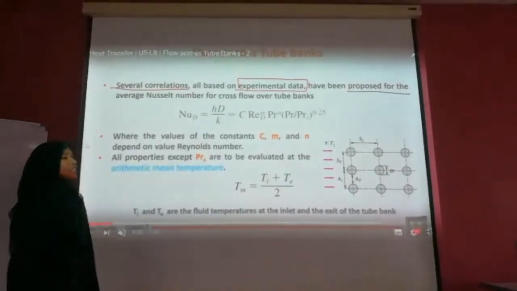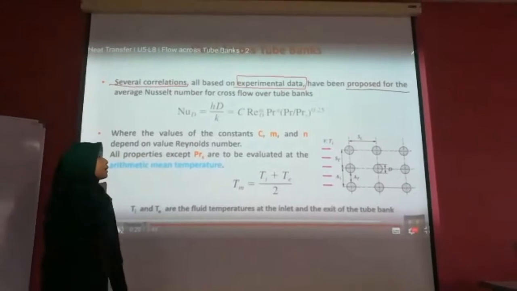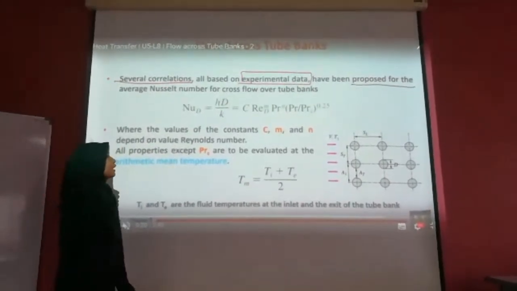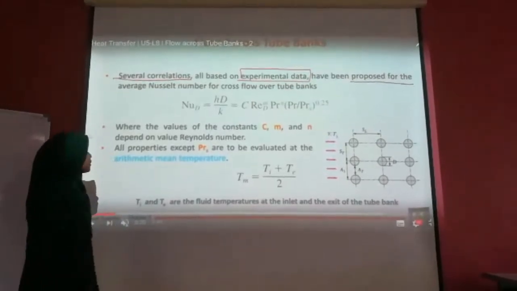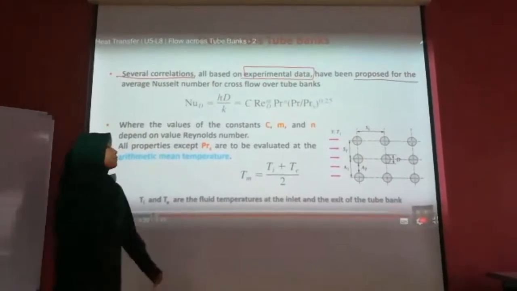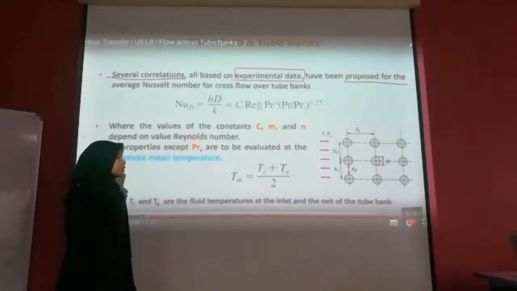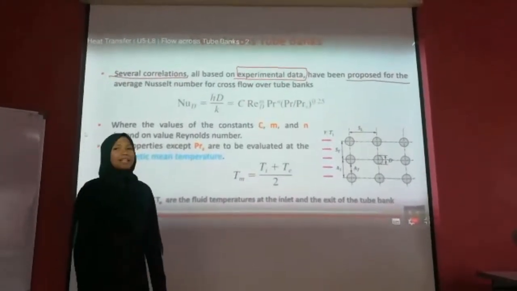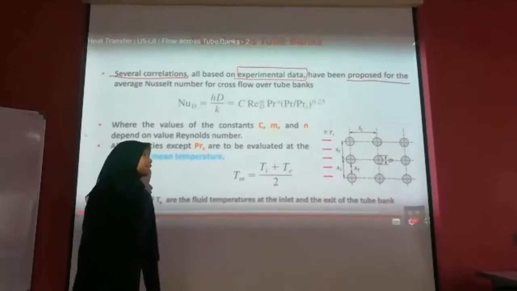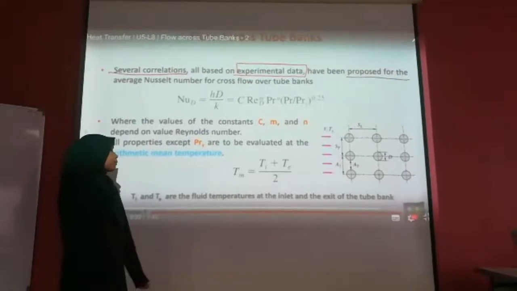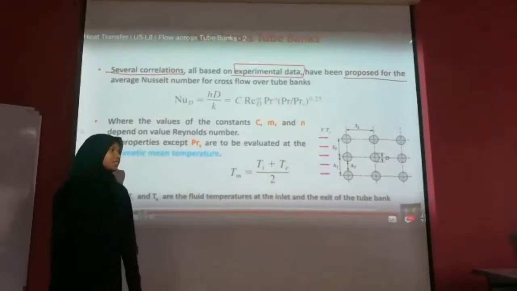All properties except Prs, which is the Prandtl number at the surface, are to be evaluated at the arithmetic mean temperature. The arithmetic mean temperature can be calculated using Ti plus Te divided by 2, where Ti and Te are the fluid temperatures at the inlet and the exit of the tube bank.